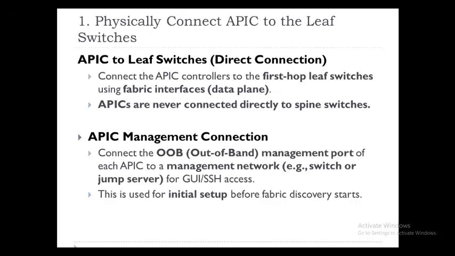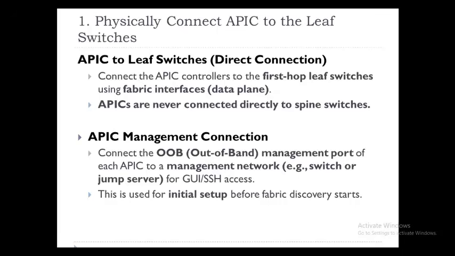Now, on the epic side, connect the out-of-band management port of each epic to the management network, like switch or a jump server, for GUI or SSH access. This is for the management.